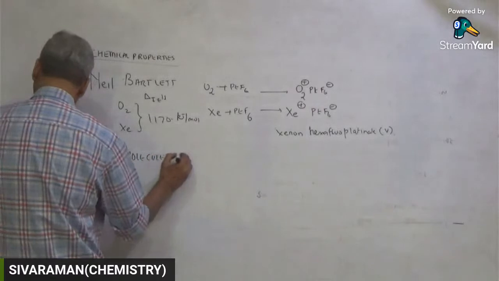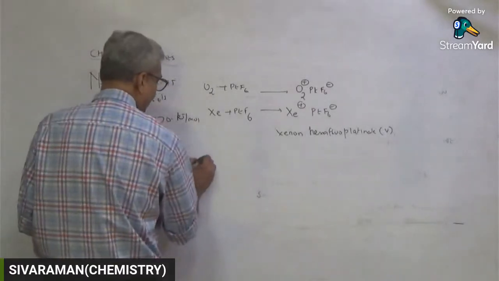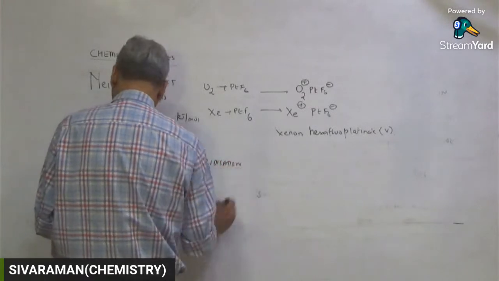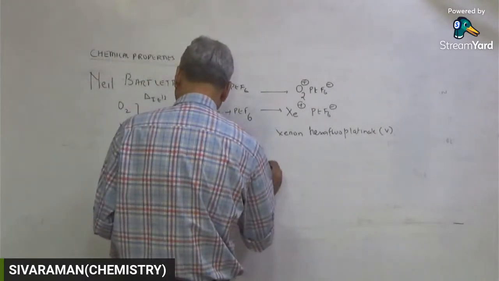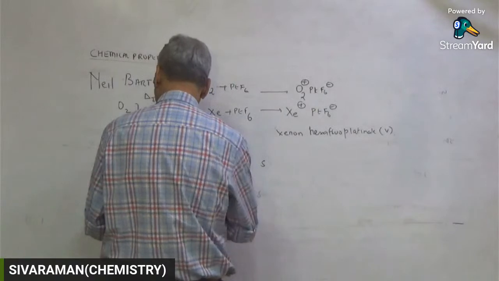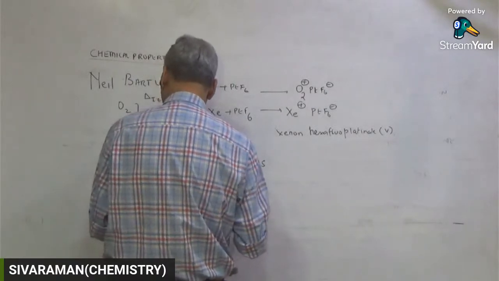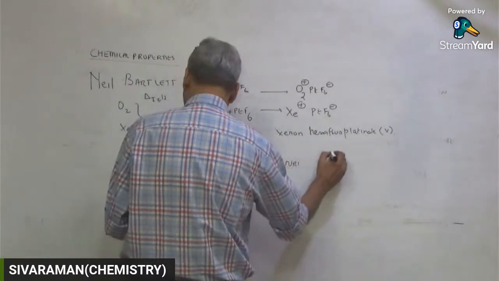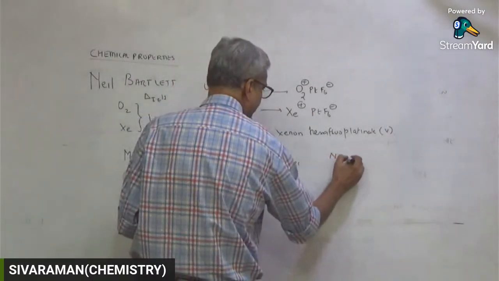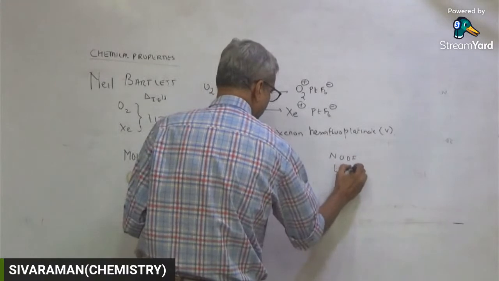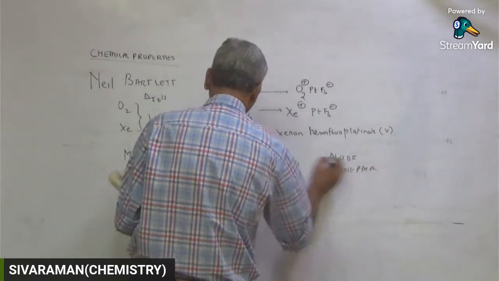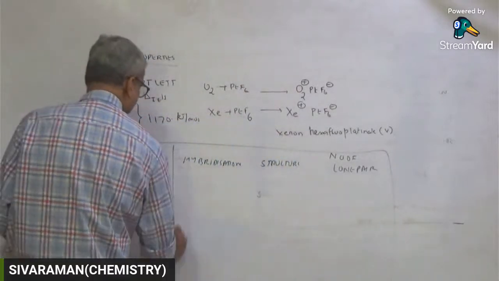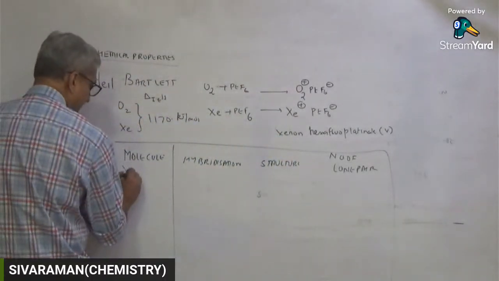So we have the molecule, what kind of hybridization it is, then the structure, and then the number of lone pairs. This question has been asked in entrance exams, which I am consolidating. Some we have done in 11th standard, this we have not done.